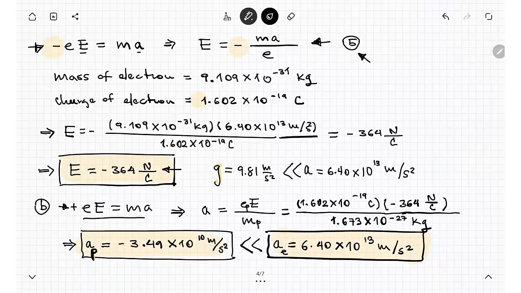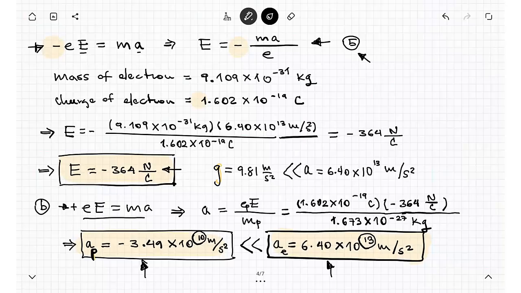You can see here that the order of magnitude of this acceleration is the 13 power, and the order of magnitude of this acceleration is the 10 power. So this acceleration is 3 orders of magnitude higher than this one. So the acceleration of the proton is much less than the acceleration of the electron in part A. What does that mean?